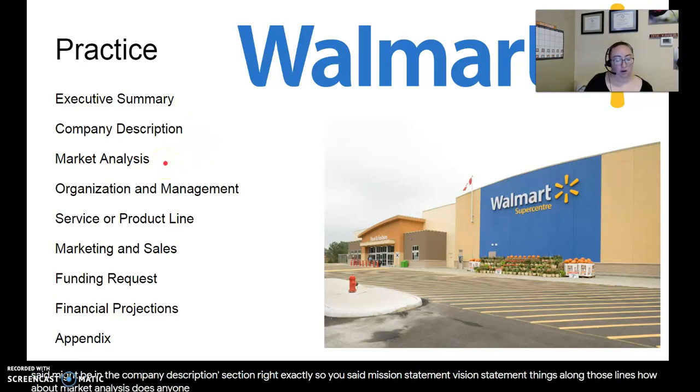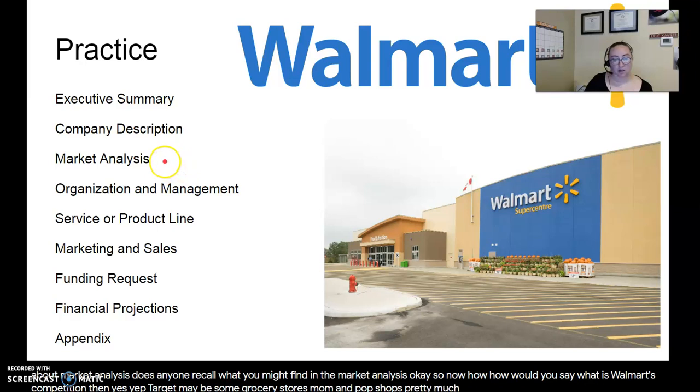Does anyone recall what you might find in the market analysis? Okay, so now what is Walmart's competition then? Yes, yep. Target, maybe some grocery stores, mom and pop shops, pretty much any place, any type of store.